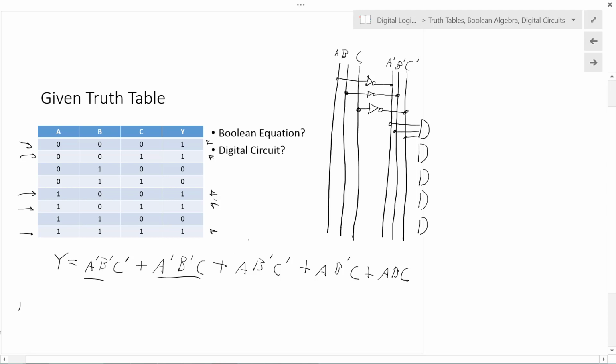Our second term, A prime, B prime, and C. Our third term, A, B prime, C prime. Our fourth term, A, B prime, C. That was done, and now we have our fifth term, A, B, C.